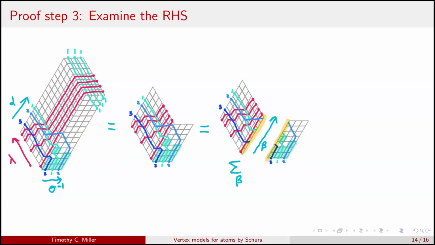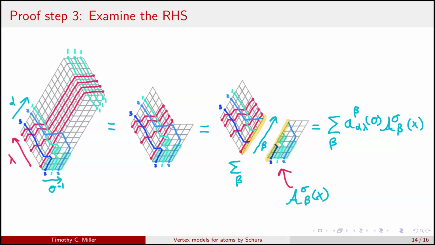And so you have to sum over all possible betas. And then this thing is the atom on beta. And so we get this summation where our coefficients are counted by these diamonds. 18 minutes. Okay. And well, that's the proof.